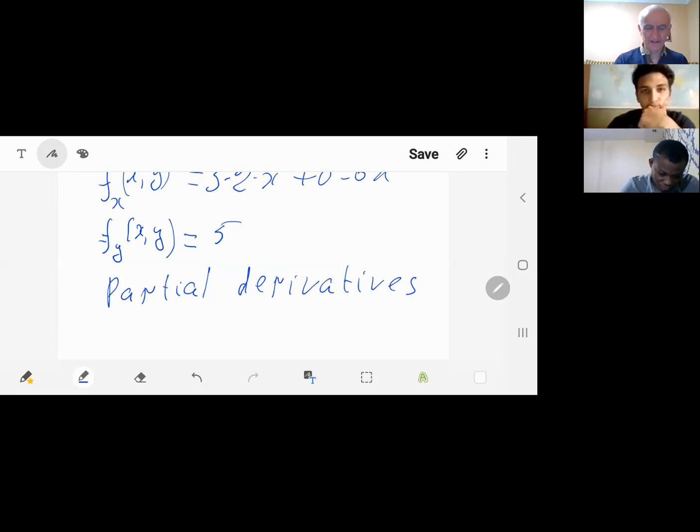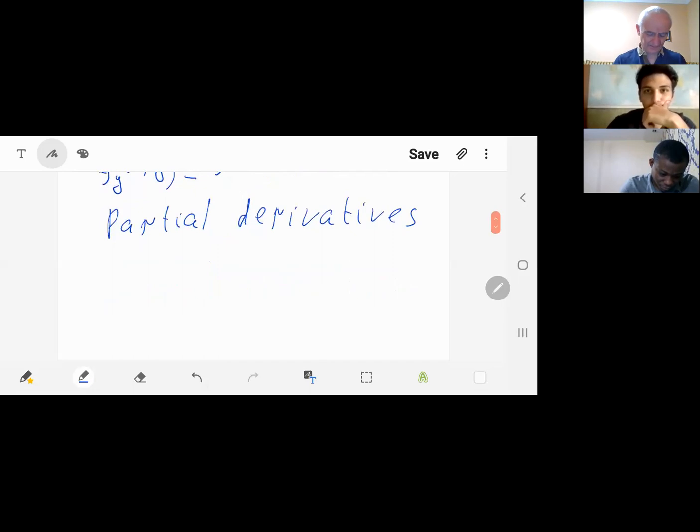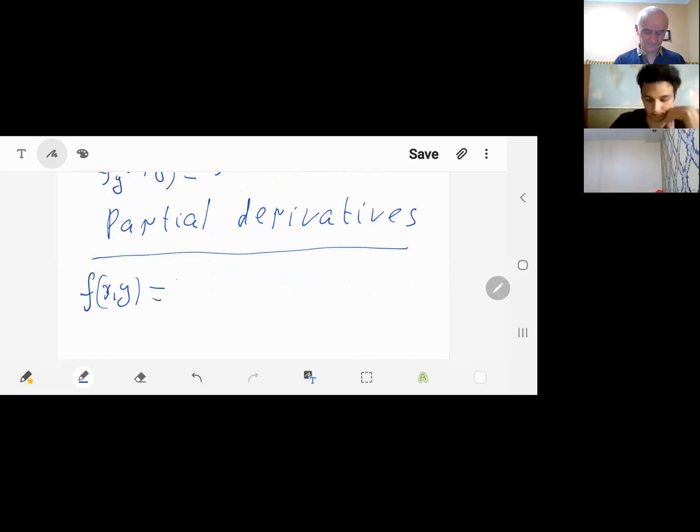Okay, let's now do next example, and let's give a function f(x,y) equals 2x squared minus 5 times x squared y plus 3x and plus 1.